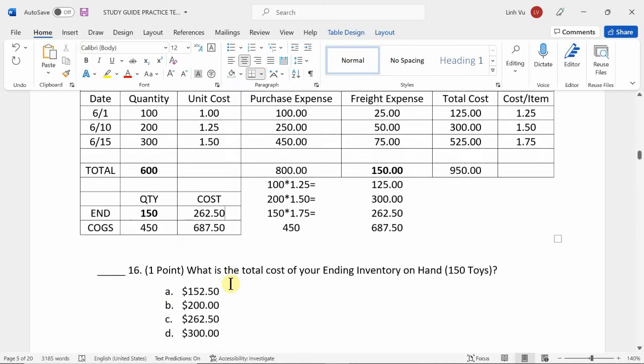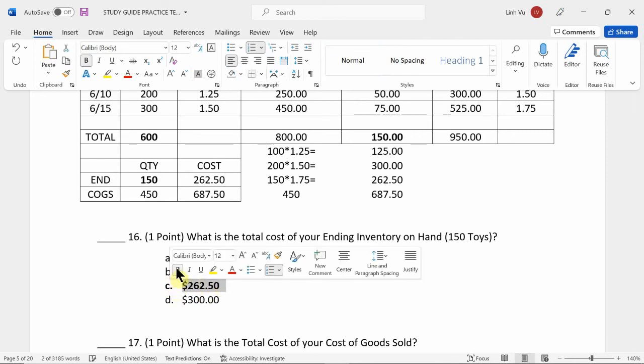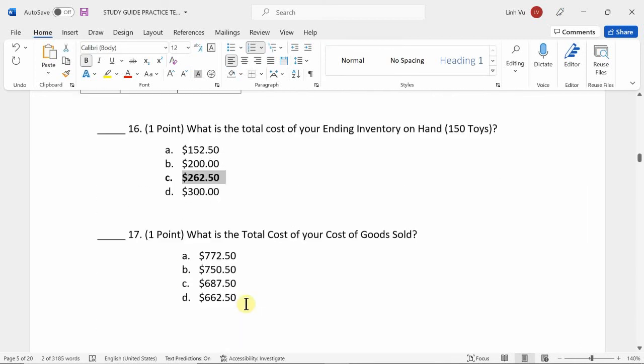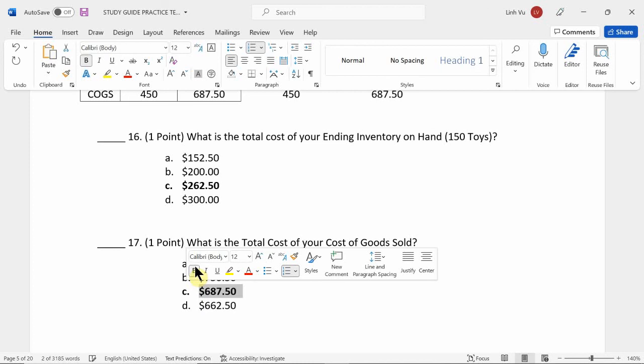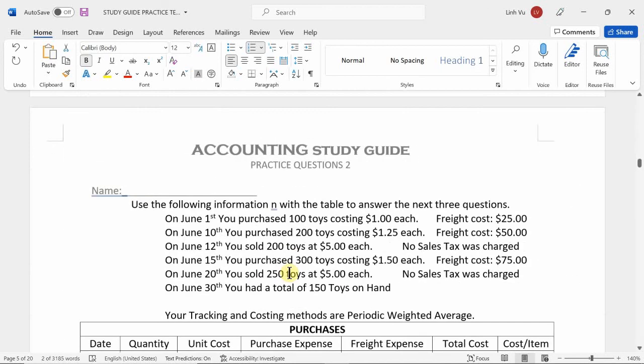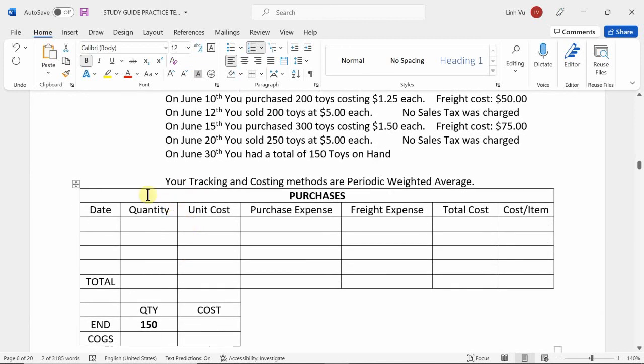Once again, what is the cost of your ending balance in your inventory? 262.50. What is the total cost of your cost of goods sold? 687.50. And of course, you have the same thing here, except this time we're going to be doing weighted average.